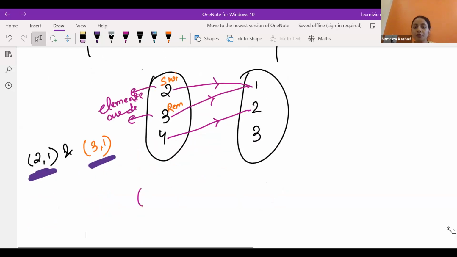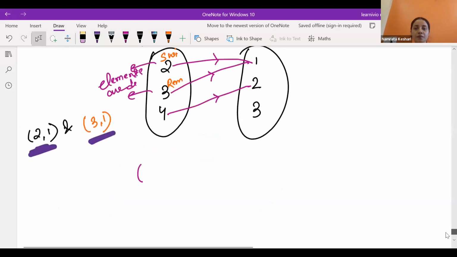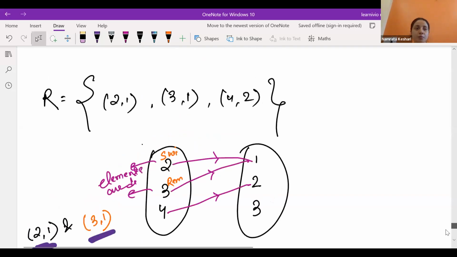Let's do a few more questions and then we will develop clarity on this. Is it clear to all of you, Manvi, Mariam and Nabila? Yes, ma'am. Yes, it's a function. Let's take a few more examples.